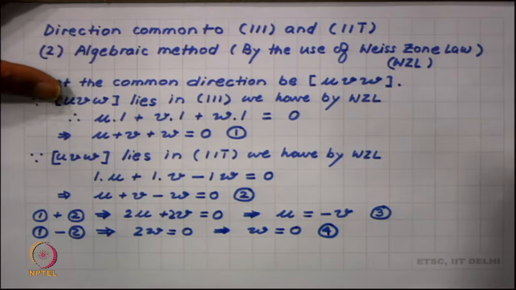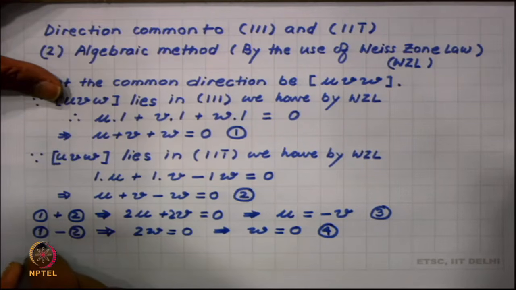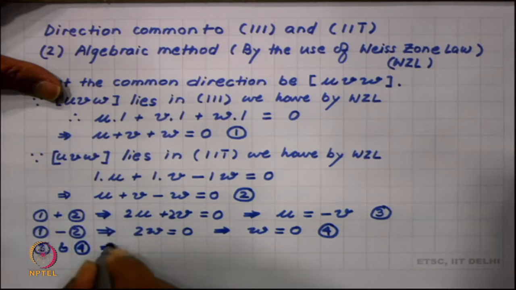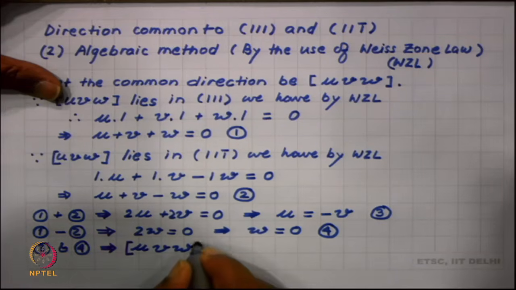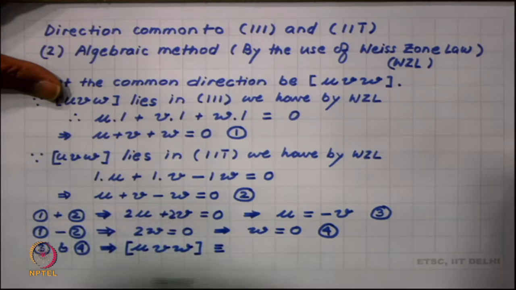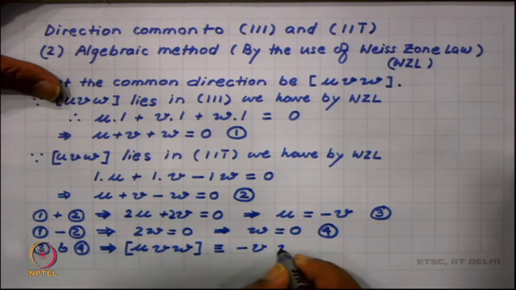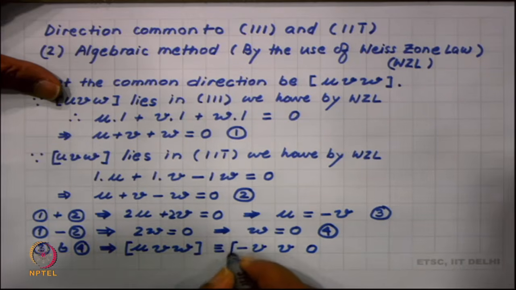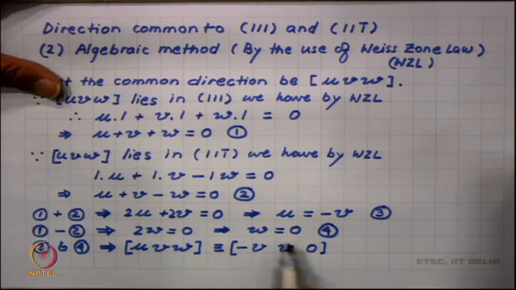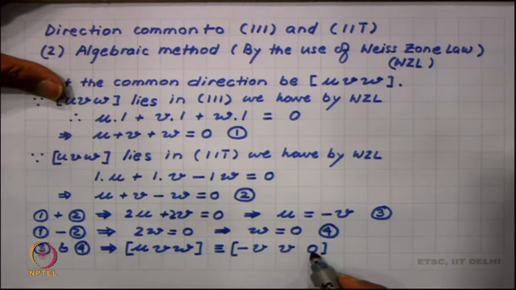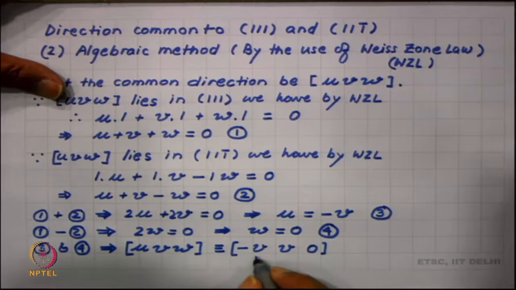And if I take the relationship 3 and 4 together, this will tell me that the Miller indices UVW can be written as minus V, V, 0. So, instead of U, I have written minus V by 3, and I have left V, and instead of W, I have written 0 by 4.